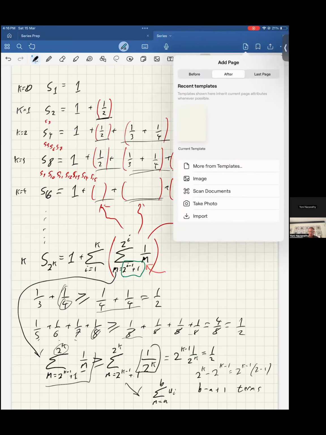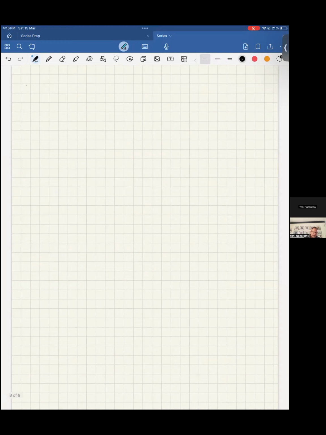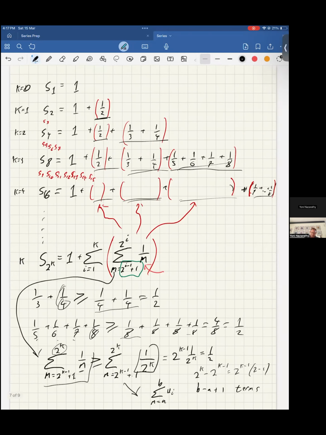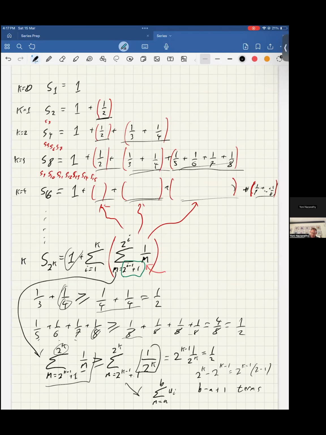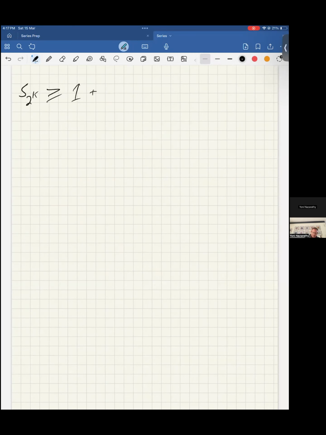The nice thing that we did here is we represent an inequality for the 2 to the power kth partial sum of the harmonic series, and we have shown that it is greater than or equal to the 1 that we have here. And by lower bounding all of these to halves, plus the sum i going 1 to k of a half, that's 1 plus k over 2.